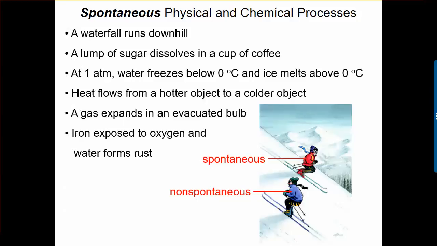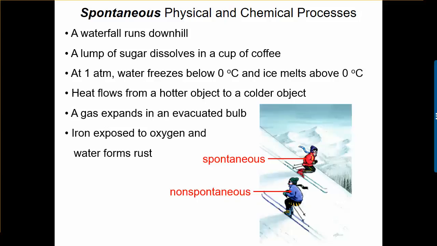So here are some examples of spontaneous things. Water runs downhill. Sugar dissolves in coffee. At 1 atmosphere, water freezes at 0 degrees Celsius and ice melts above 0 degrees Celsius. Heat flows from hotter objects to colder objects. Gas expands in an evacuated bulb, meaning something that has no gas in it.